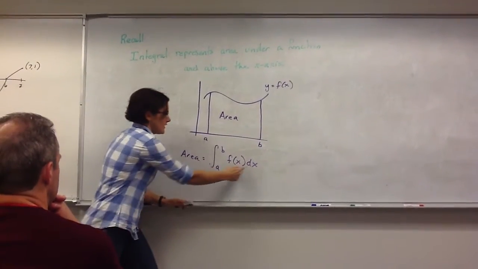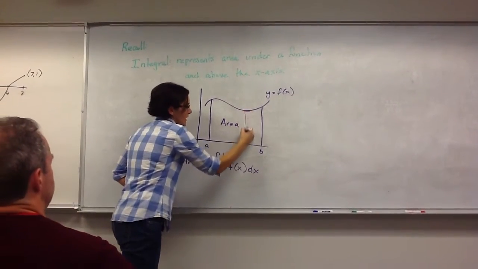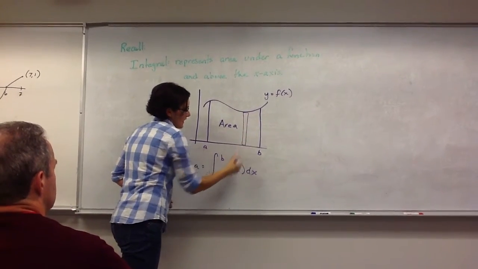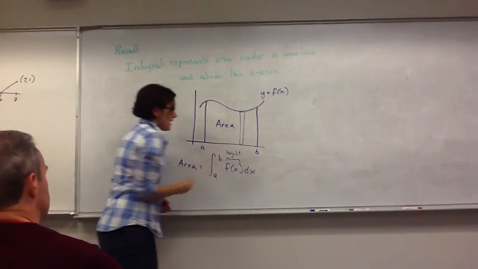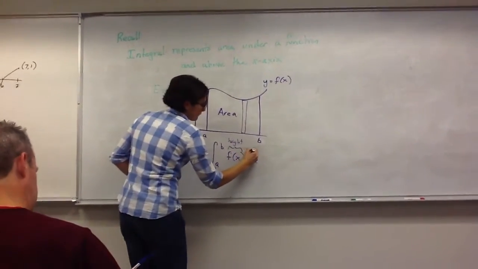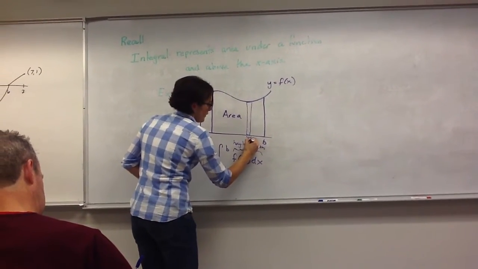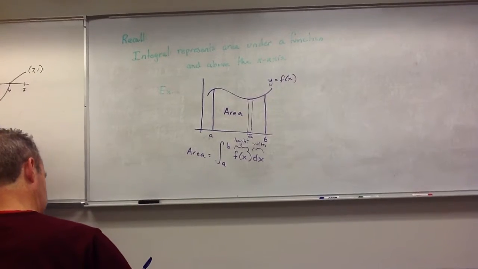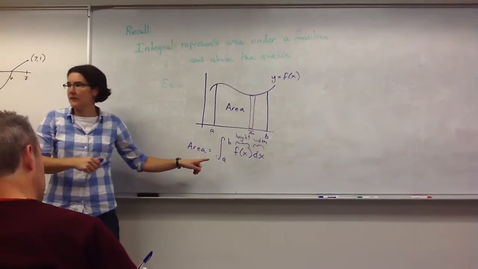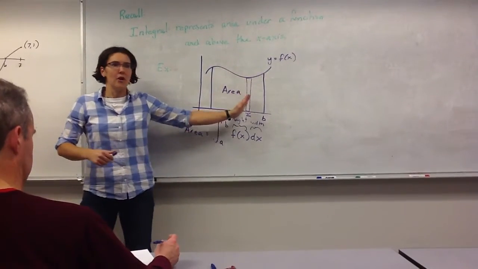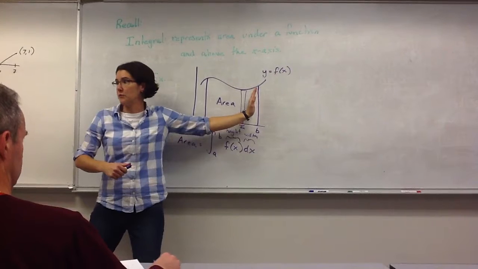I can see the f of x, which is the height of one of these rectangles, and the dx, I think of as the width of a very skinny rectangle. And this big stretched out s is saying we're going to add up all the areas of all of those rectangles starting at x equals a and ending at x equals b.